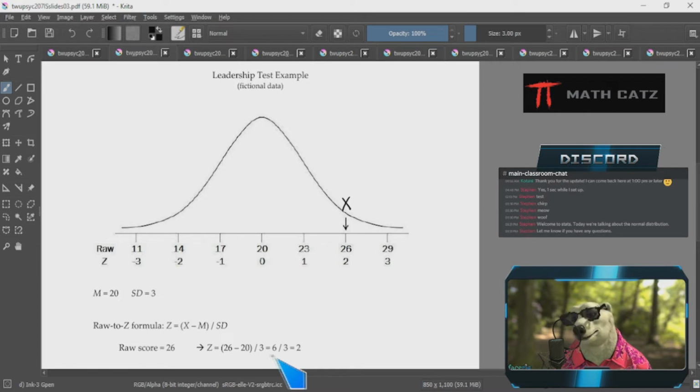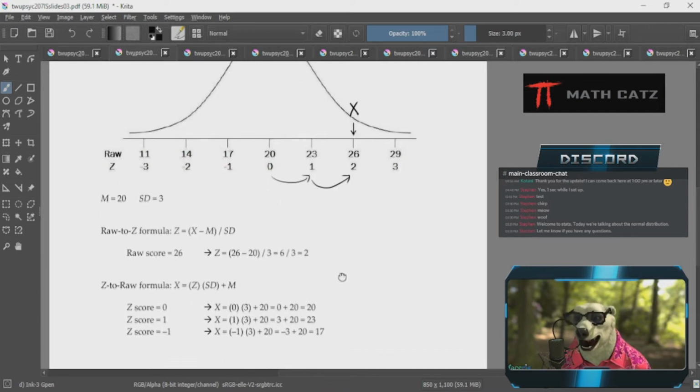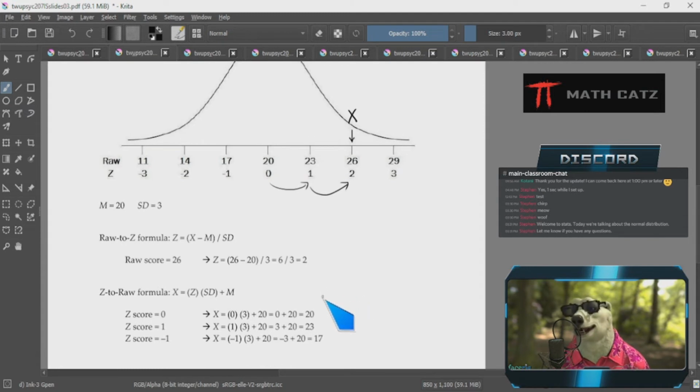We divide by the standard deviation and we get 2 standard deviation steps, which is exactly what we would think looking at it graphically. Okay, so this 2 counts specifically how many standard deviation steps and in which direction. So if we do a few more, let's look at a few other examples.